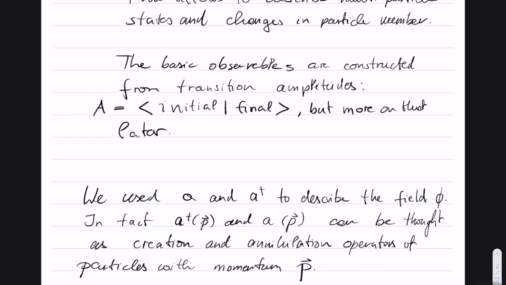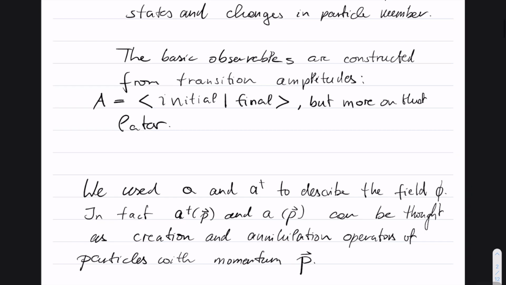But we will discuss these questions of time evolution a bit later. The fundamental building blocks that we're actually going to look at are these kind of elements that describe transitions from some state to another state, and their overlap.